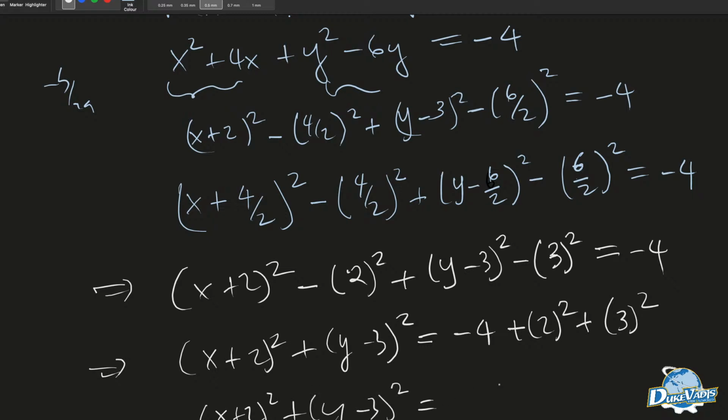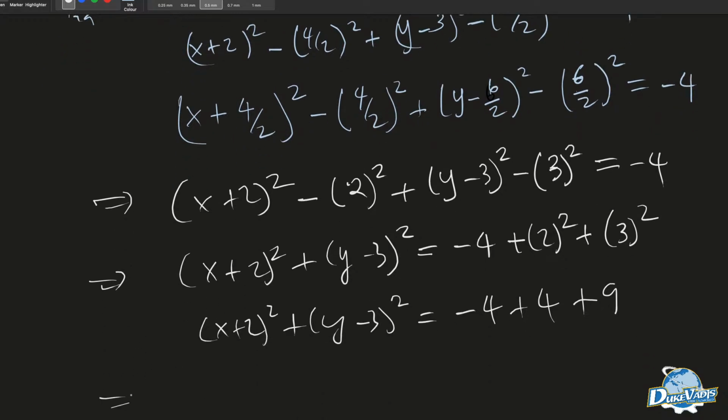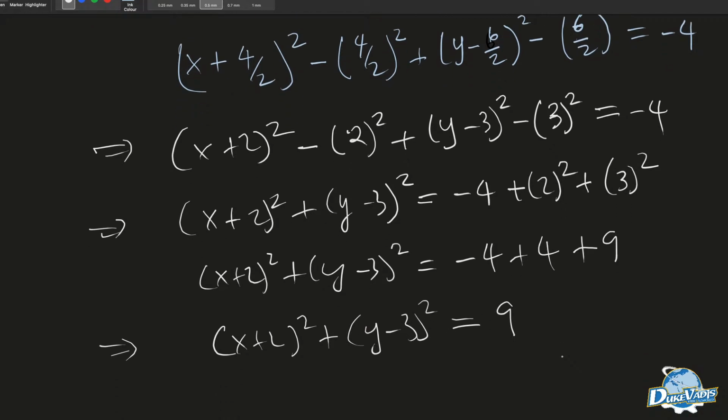So I'm doing it step by step so that you understand it. This will be 4 plus 9. So eventually we're going to get x plus 2 squared plus y minus 3 squared equals 9.